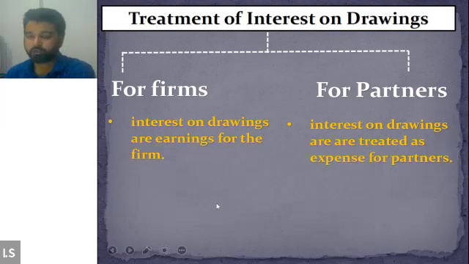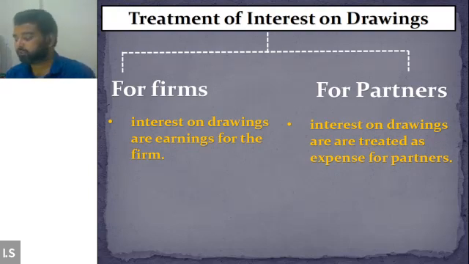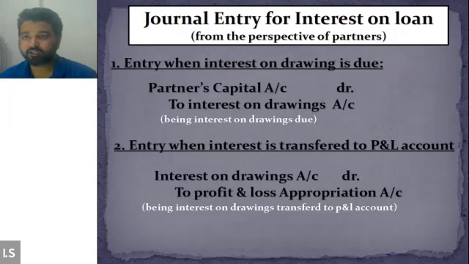Okay. Now moving on, we will talk from the perspective of the partner only. We won't be discussing the firm for the time being. So, journal entry for interest on drawing.